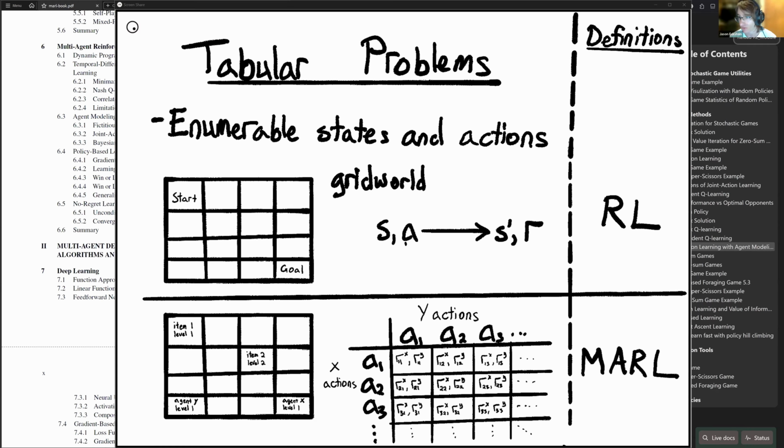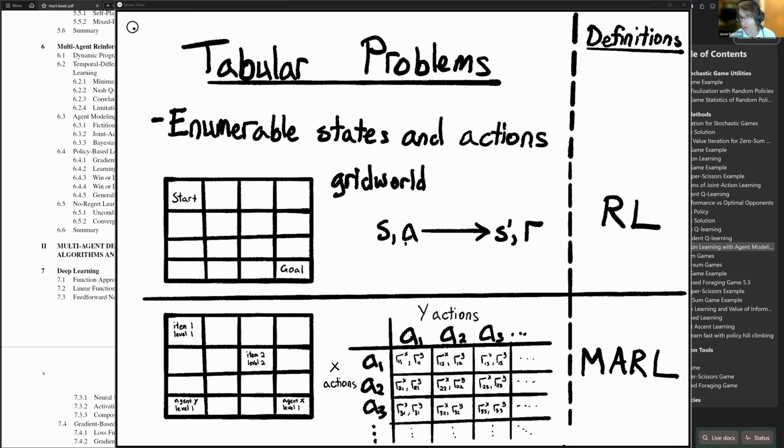This is only for 2 agents. If we had more agents, this grid would be extended in different directions to account for all the different joint actions. Once a joint action is selected, this shows the entire list of rewards that each agent would get.